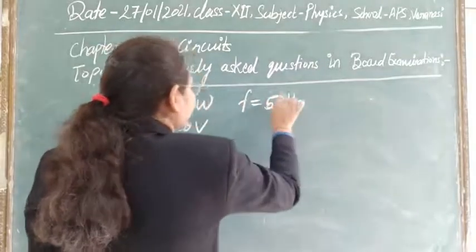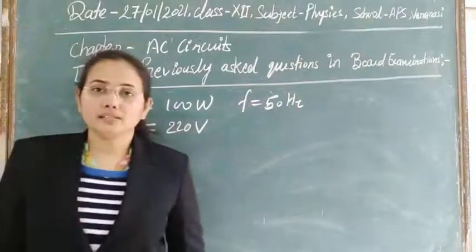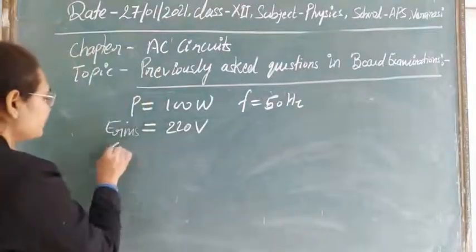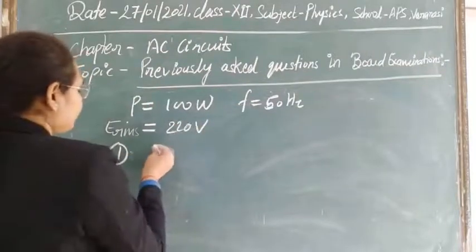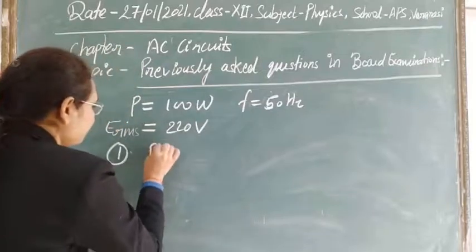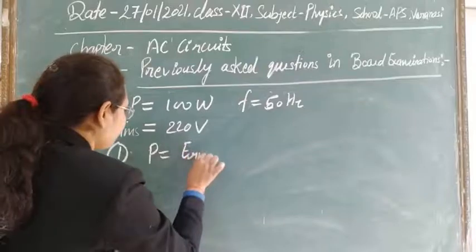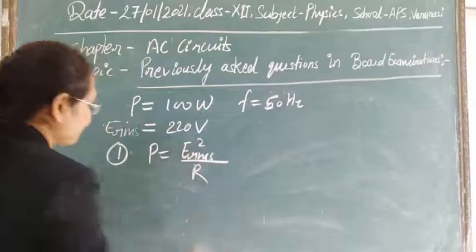Then first we have to find the resistance of the bulb. So one by one, let's see that. Your first question is: what is the value of resistance? We know that it is given by P equal to E_RMS square upon R.